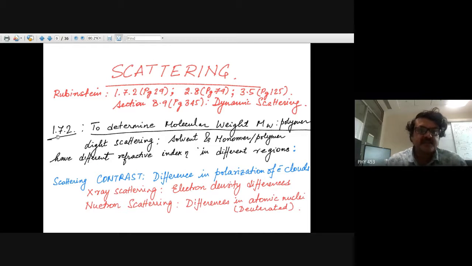So basically section 1.7.2 in Rubinstein discusses how we get to know the molecular weight of a polymer chain. Of course, here we shall assume that all the polymer chains are exactly of the same length. That is, there is no polydispersity. Polydispersity means you have different sizes, right?